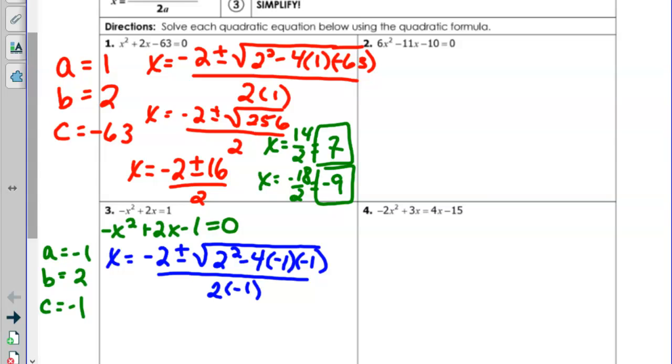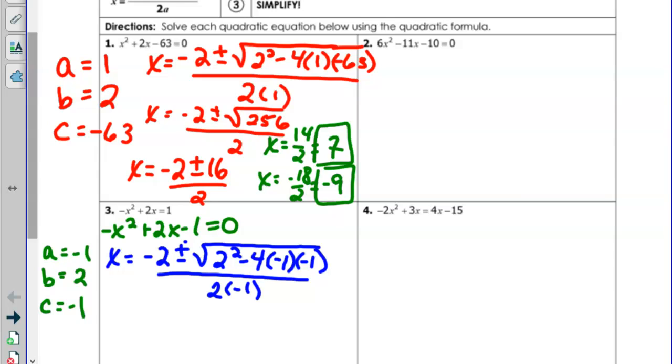Negative x. Yeah, so that means our a value is -1, because the coefficient of x squared is your a value. It'd be like if you had 2x squared, your a value would be 2. And then our b value is 2, and our c value happens to be -1 as well. Does that make sense?